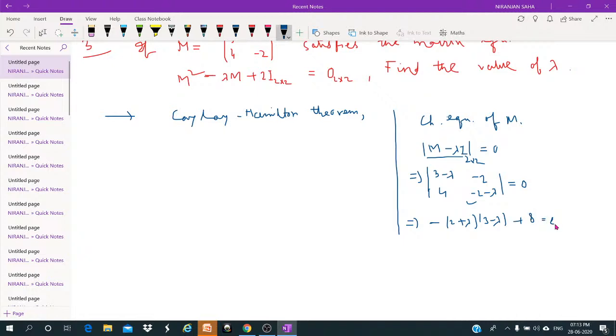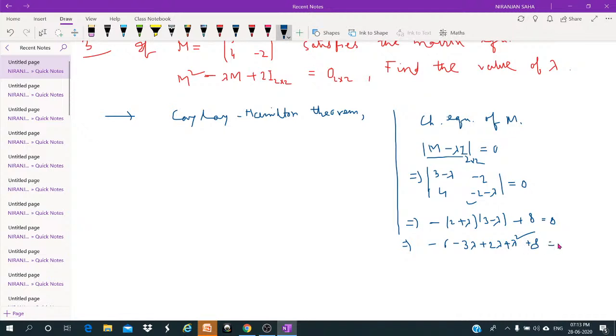So from it we will find out the characteristic equation. And this will be minus 6 minus 3 lambda plus 2 lambda plus lambda square plus 8 equal to 0.